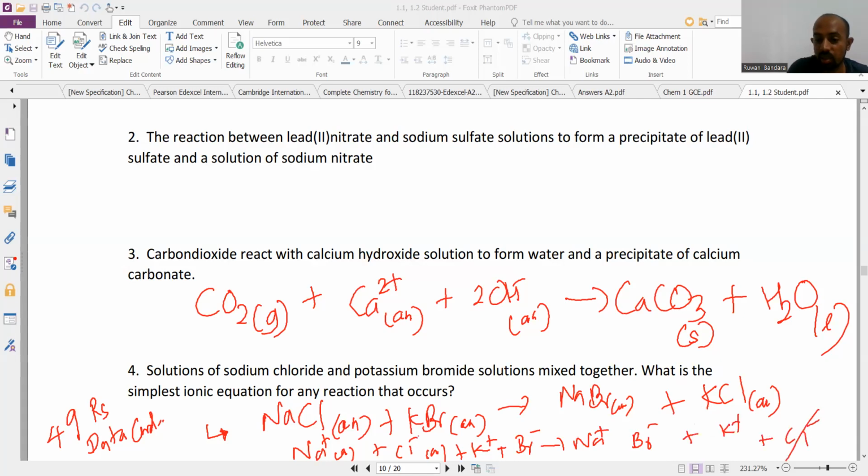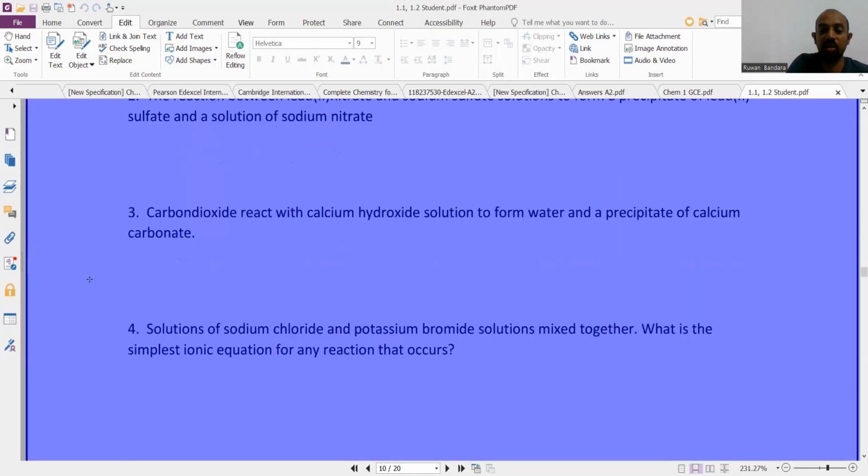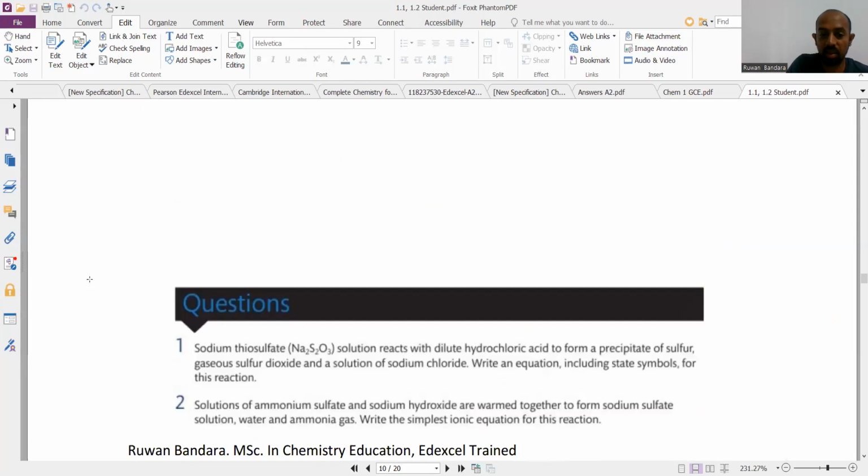Cancel out, cancel out, cancel out. So all are ions, so they remain in the solution without any change. Clear? Correct. So Sonali, you will be getting that data card. Very good.